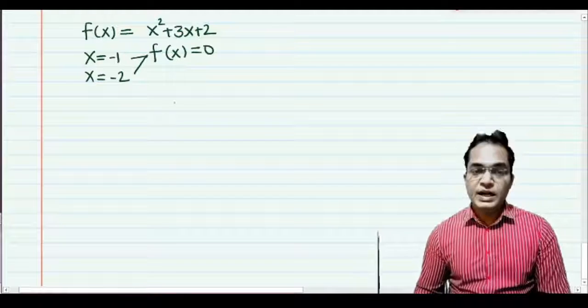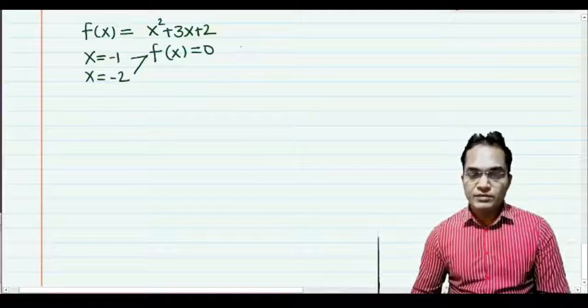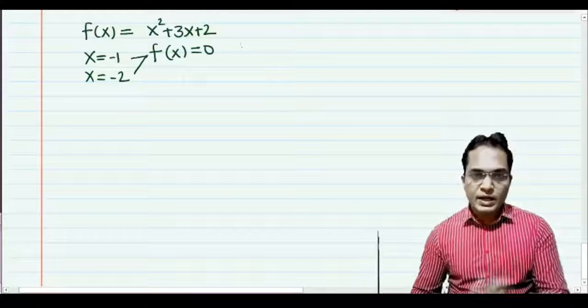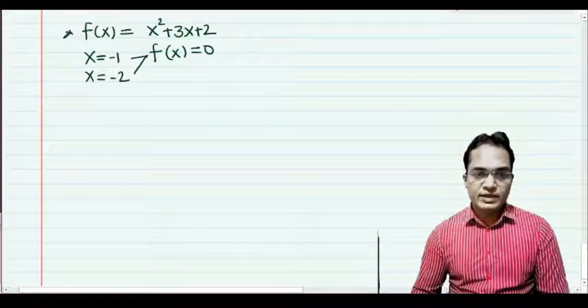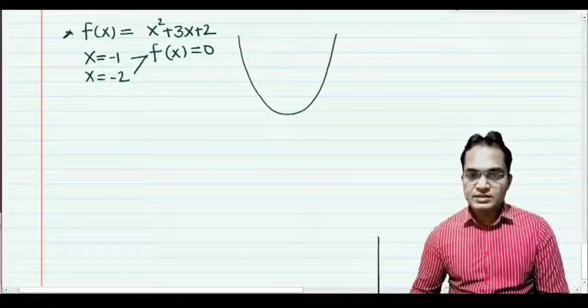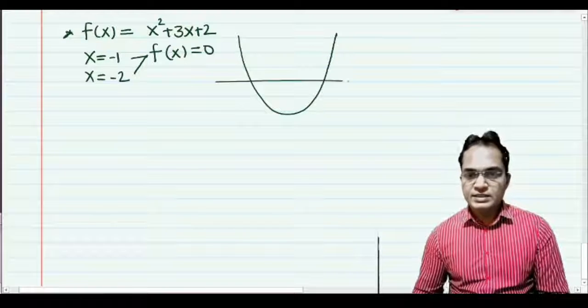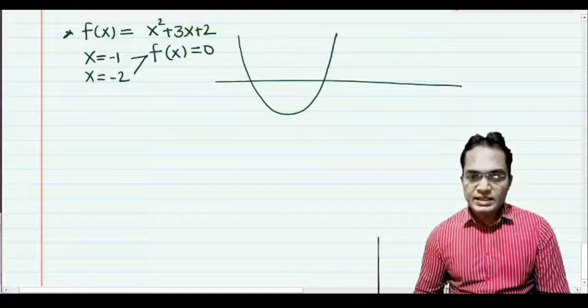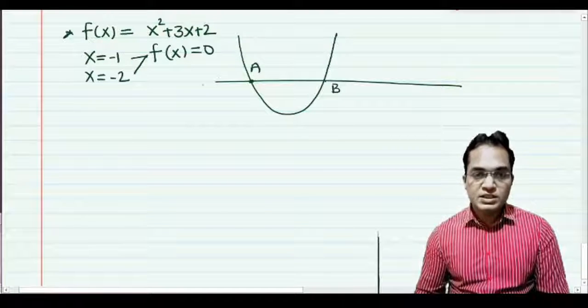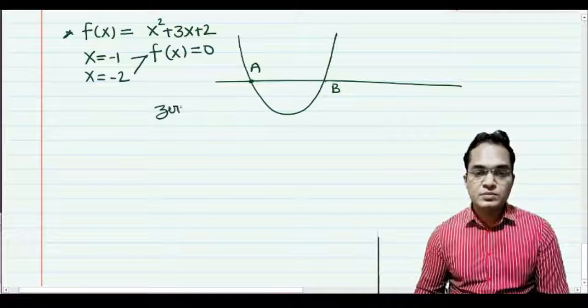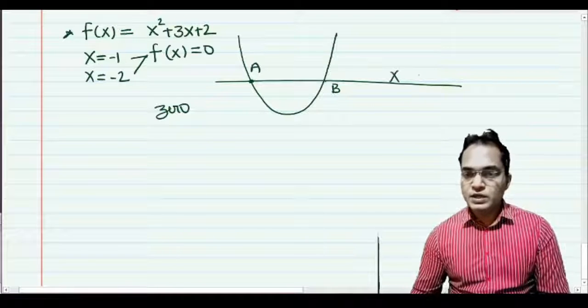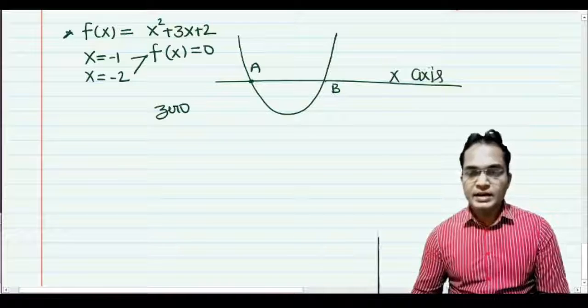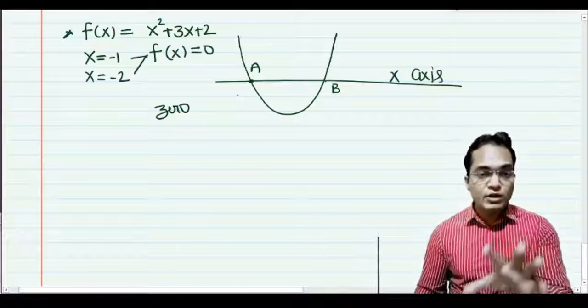These points are called zeros of the polynomial. Yes or no? And you see in the graph, the geometry of this f(x) is like this. Got it? And this is the x-axis, and here points A and B come, and these points denote the zeros, because on the x-axis y is always 0.